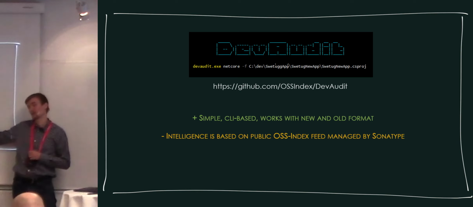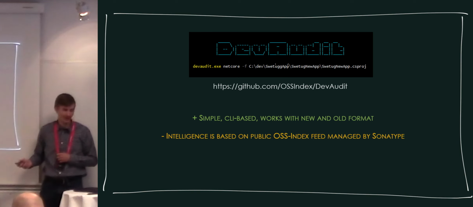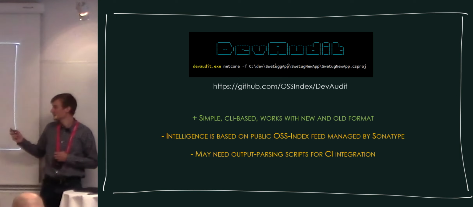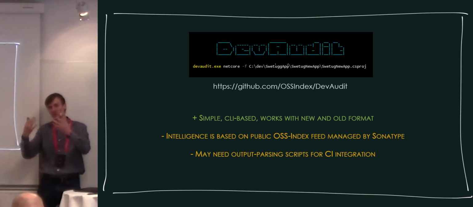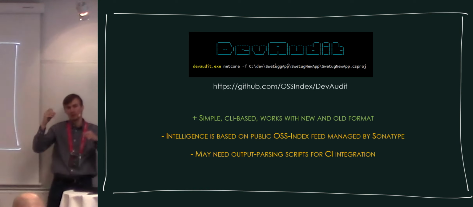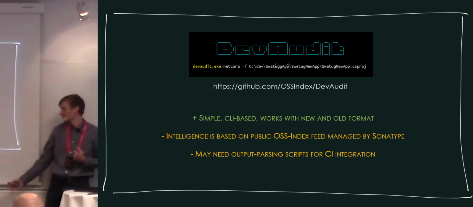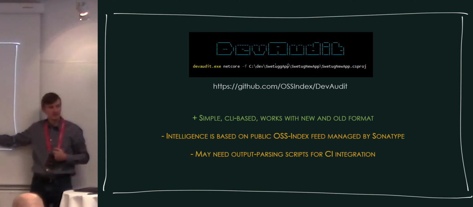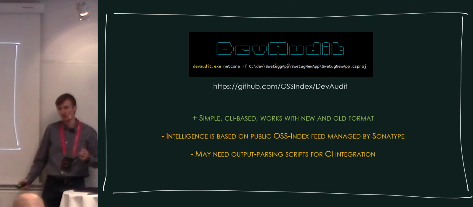But this feed is okay, it's reliable. And finally, to get the information about vulnerabilities, like a JSON file or some sort of structure, like a PowerShell structure, where you see what vulnerability and what severity it has, you may need some output parsing scripts, because it's not so great at building these structures.